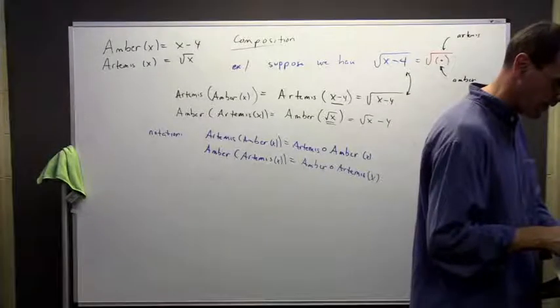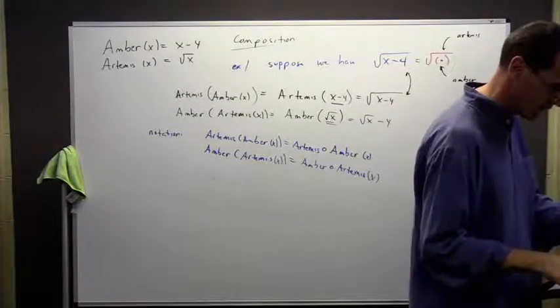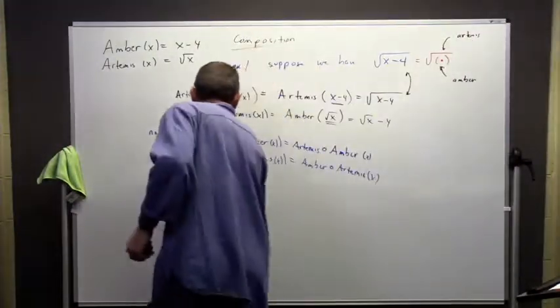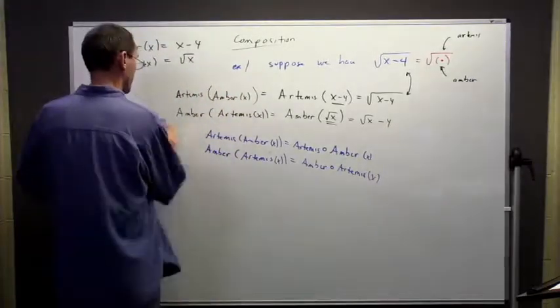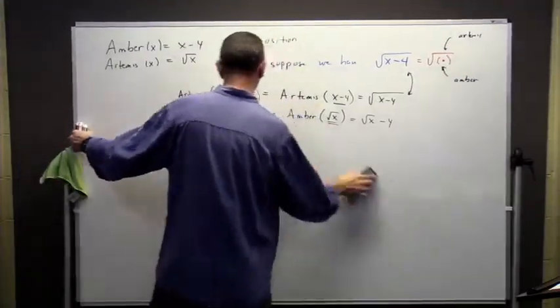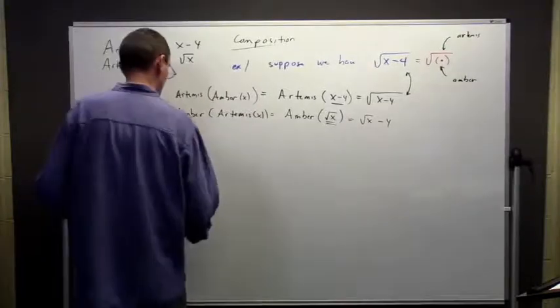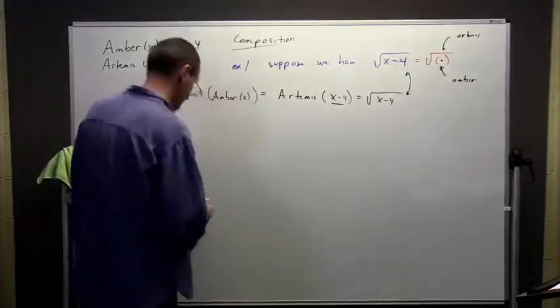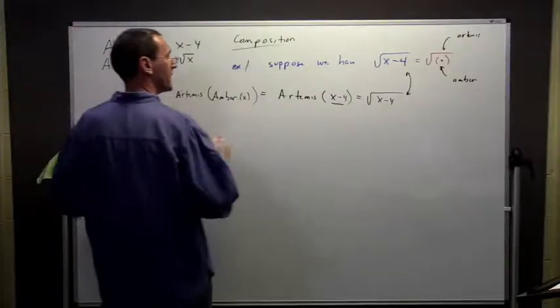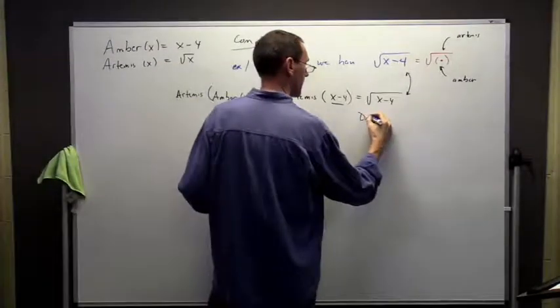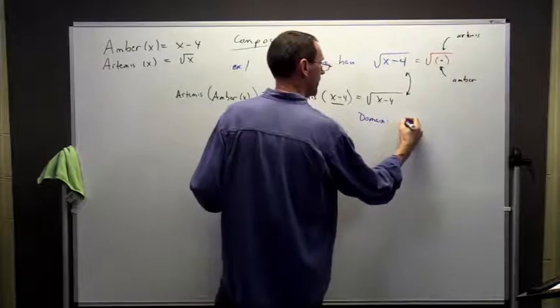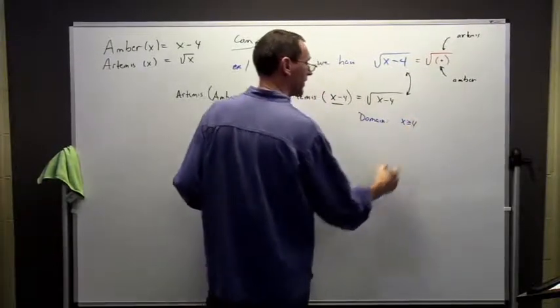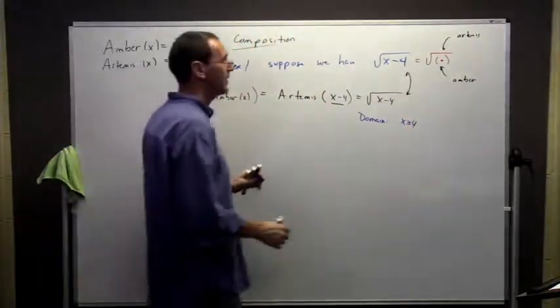So let's go back and look at these two functions and just note what's happening that's different with these things. Okay? So let's see. Let's look at that function. What is the domain? The domain is going to be x greater than or equal to 4, right?